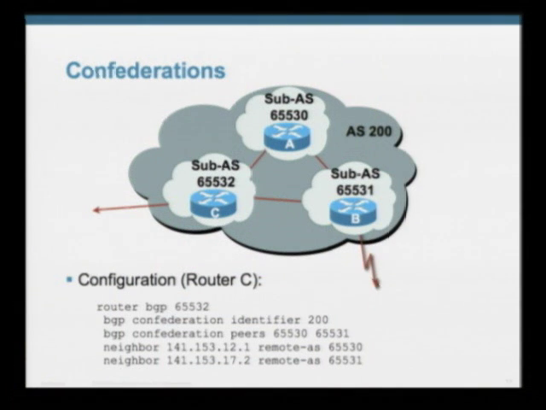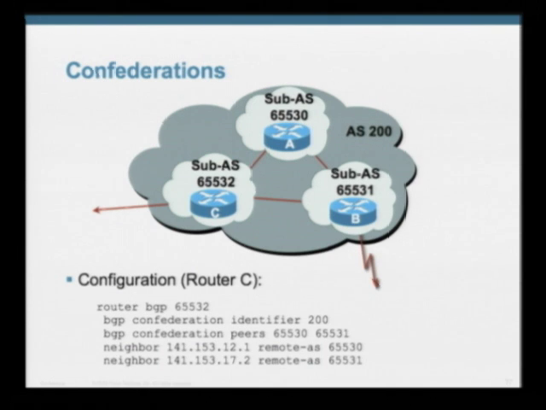What a confederation does is take your network and divide it into lots of sub-ASs, and so they have the normal sort of eBGP running between the different sub-ASs, but then at the edge of your network, you put a wrapper around the whole infrastructure and say, well, I'm really AS, whatever. And so internally, it looks as though you've got lots of different networks talking eBGP with each other, but the world still sees you as one network.